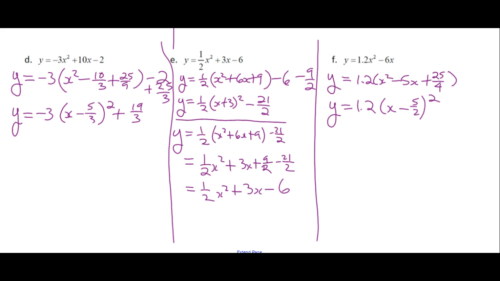Plus 0, yeah, plus 0. There's nothing out here. Oh no, we've got to subtract. What's 1.2 times 25 over 4? 7.5? That's good. It's 15 over 2. Minus 15 over 2.